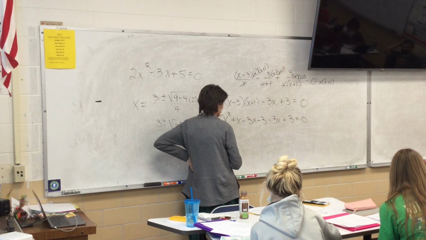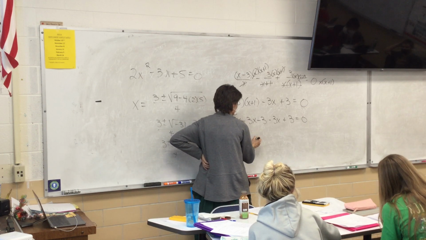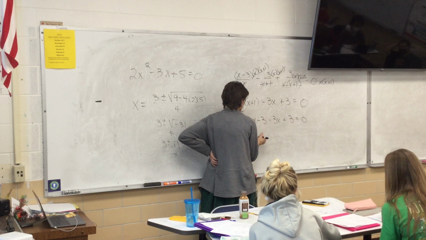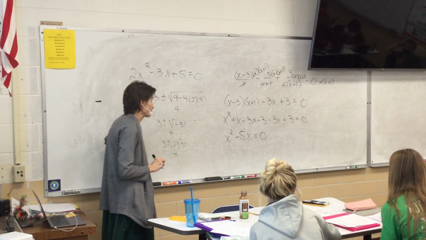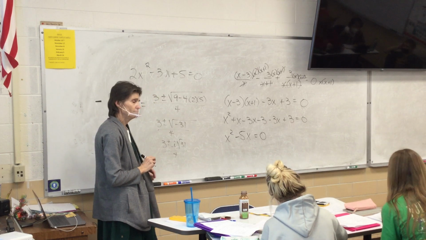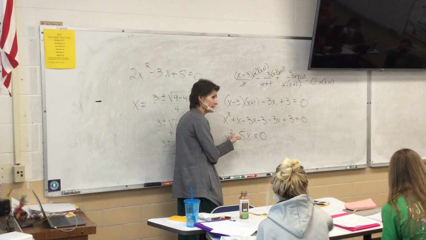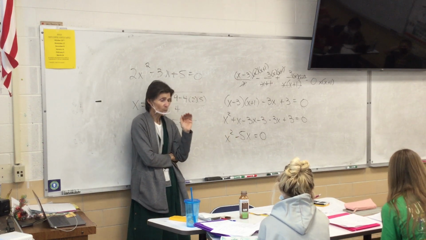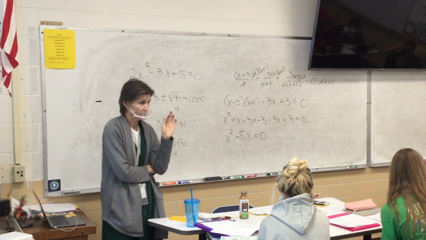So, x squared minus 5x plus 0 equals 0. And then plus 5x to the other side and divide by x. No. When we have a quadratic equation, we want it set equal to 0. Don't be messing with that.